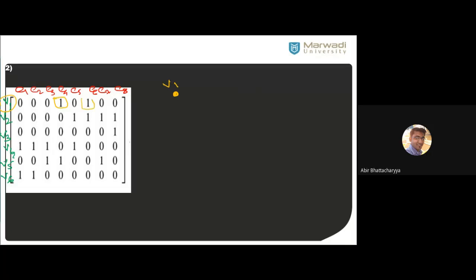This is 1. Only 2 ones. So first one is corresponding to E4, second one is corresponding to E6. So from V1 there are two edges which are emitted. First edge is E4, second edge is E6. Are you getting my point?